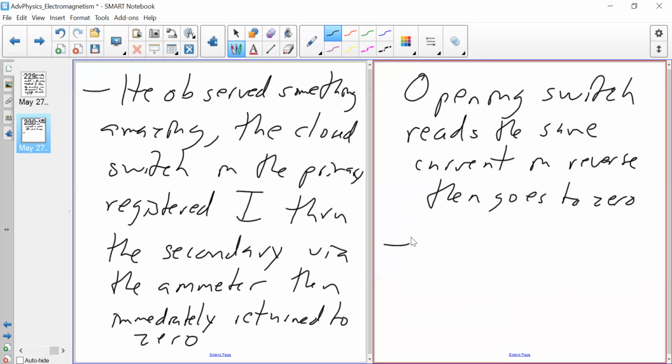And in the first case, this current is creating a magnetic field, and we can measure that current on the ammeter. But the second time through, that magnetic field is going to register a current that's going in the opposite direction.